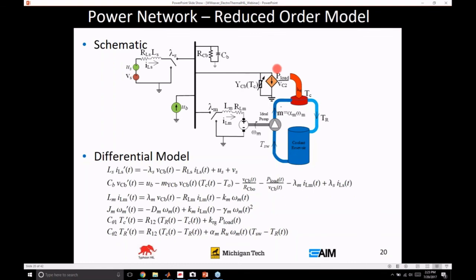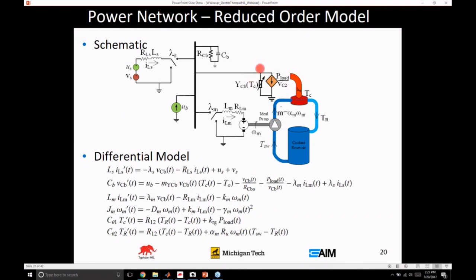This is exactly the same model that we showed before, with a nonlinear pulse load. But the coupling now is that we've introduced a variable impedance that's thermally dependent. So there's a coupling between the temperature of the thermal system, or of the load or the weapon, and that's going to add or take away damping from the electrical network.